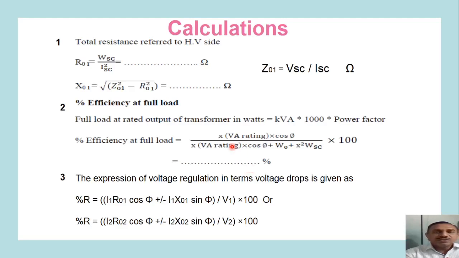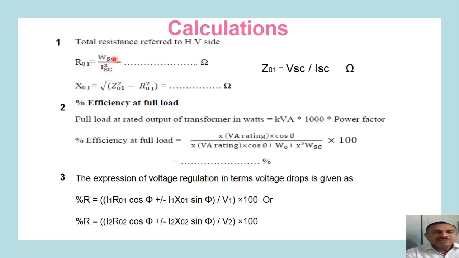In the short circuit test, as we discussed earlier, we get the equivalent circuit parameters as the HV winding is given the supply and LV is shorted. So HV will be the primary side. So R01, that is the resistance of that particular transformer referred to the HV side, primary side, is equal to the wattmeter reading during short circuit, WSC, divided by ISC square.